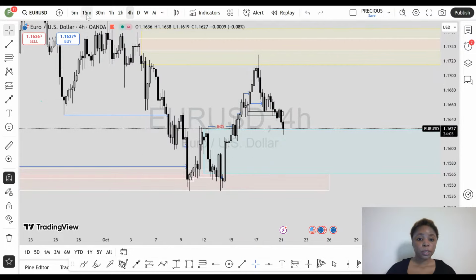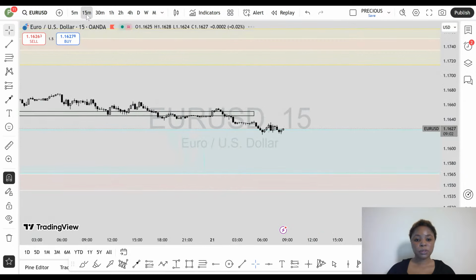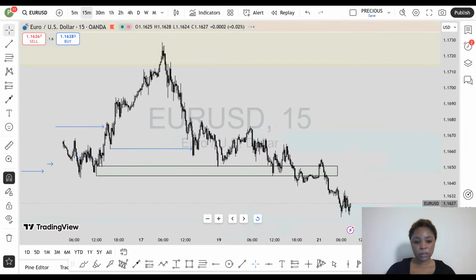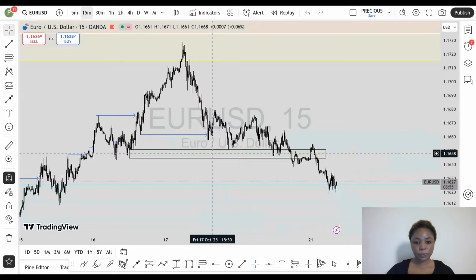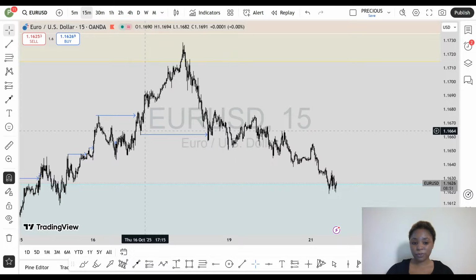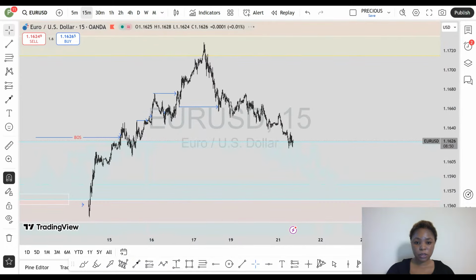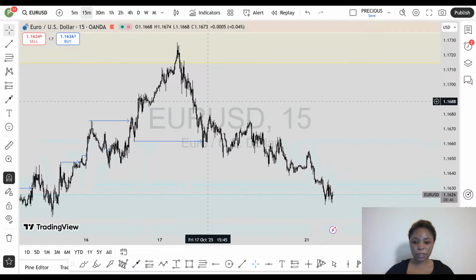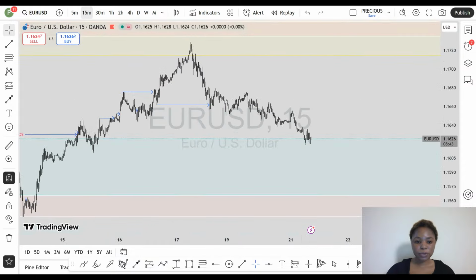So you can see, let's go to 15 minutes so you guys can see. We are doing analysis across these important zones. You guys can see this didn't hold on 15 minutes, so now we are having this retracement downward. We are already on the demand level here on the daily.